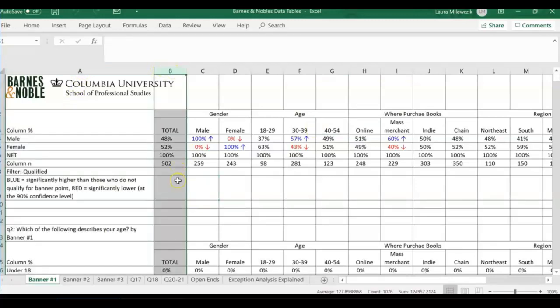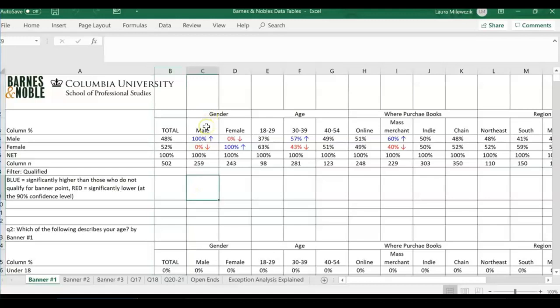So typically we have a total column, and then we run the data tabs usually by a bunch of different demographic subgroups, so that if we were interested in looking at how different subgroups answered each of the different questions, we're able to do that easily without having to run any additional data, say in SPSS or in some other kind of cross-tab package.